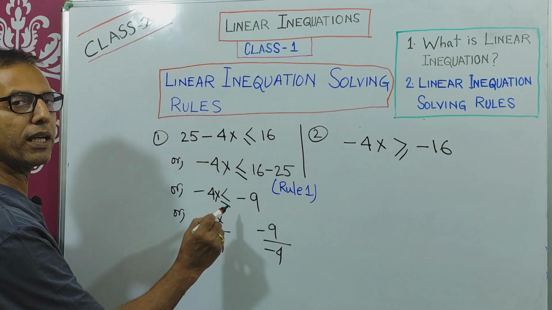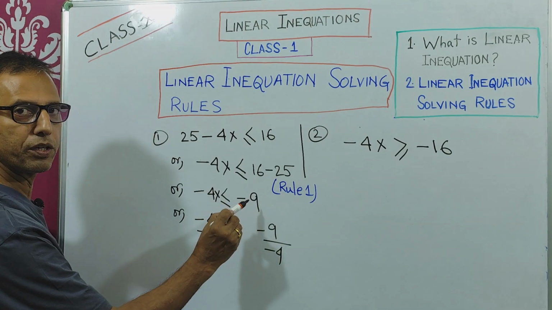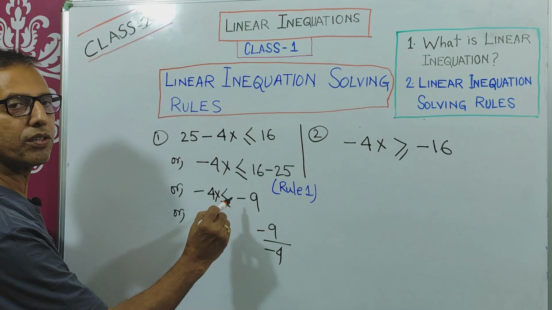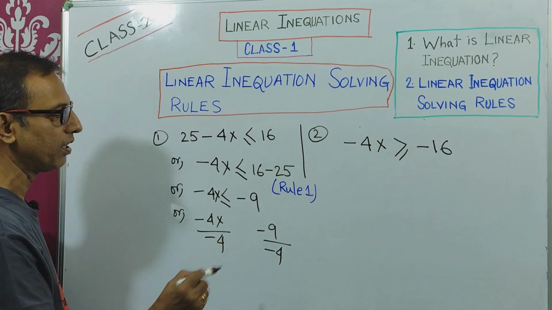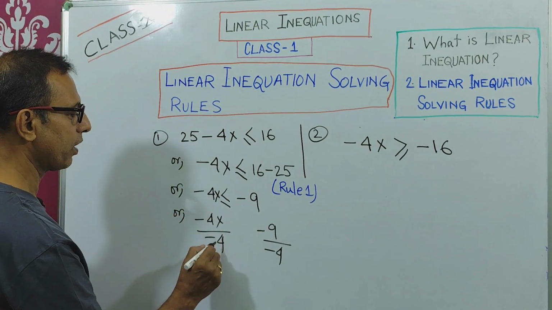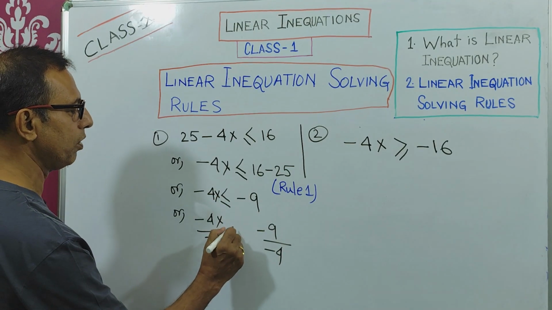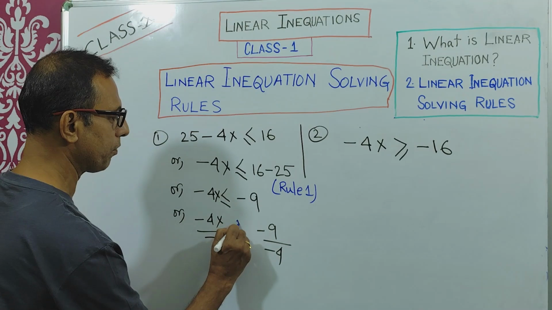If you multiply or divide both sides of an inequation with the same negative number, the inequation relationship gets changed, it reverses. That means minus 4x by minus 4, minus 9 by minus 4, but the less than equals to sign will be changed to greater than equals to.